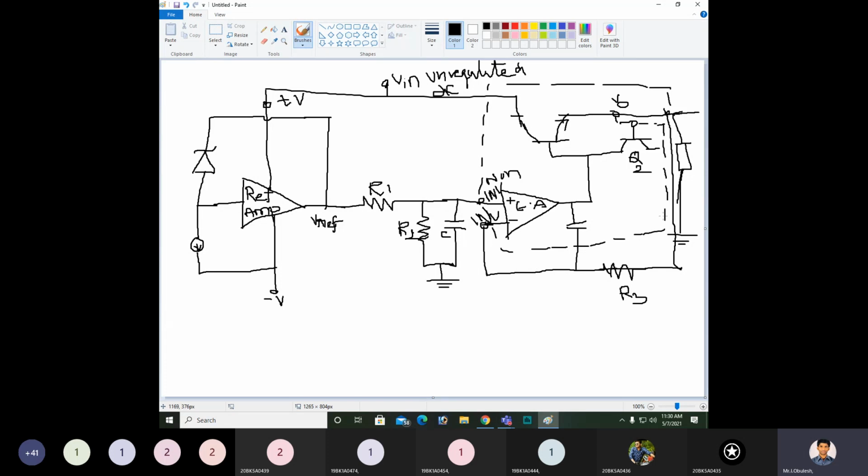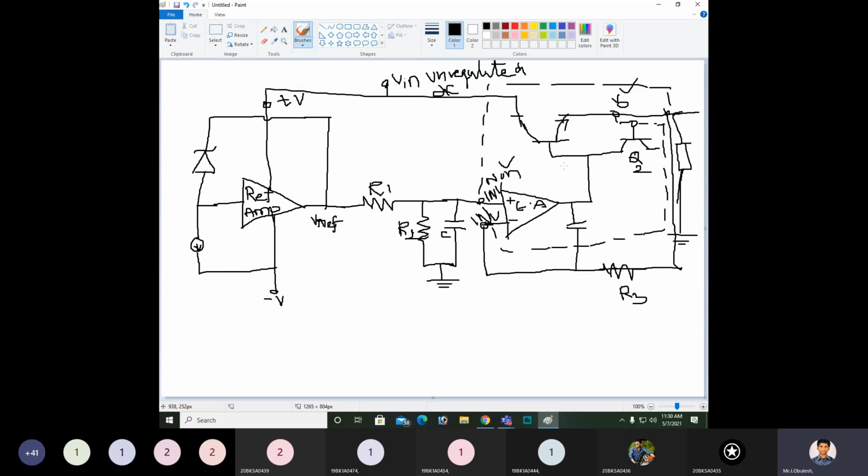Okay, we need to see in this diagram the difference between non-inverting and V0, the difference between this non-inverting and this V0, which is directly fed back to the inverting terminal.